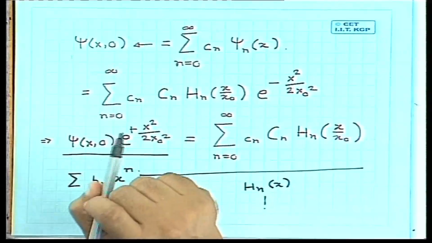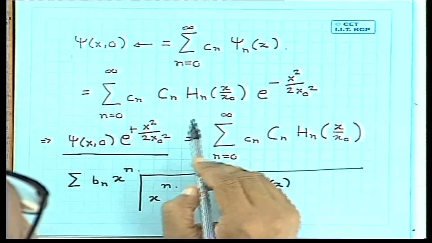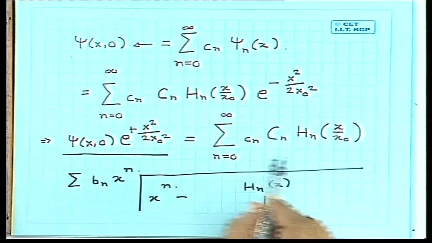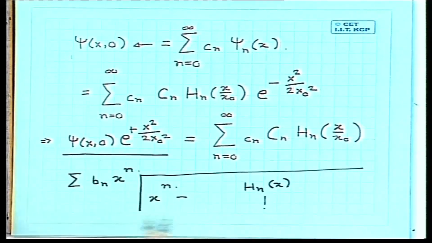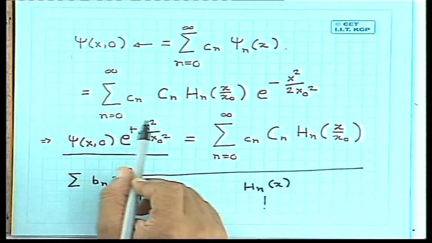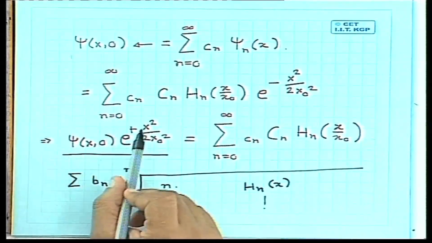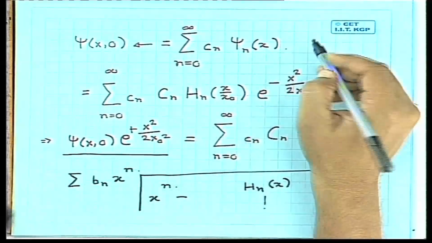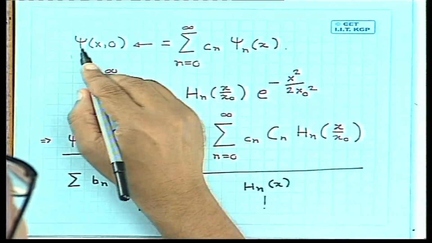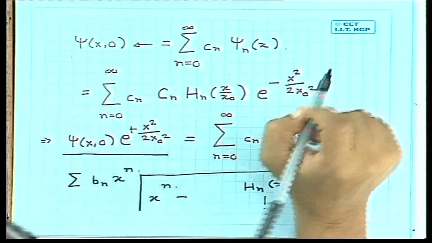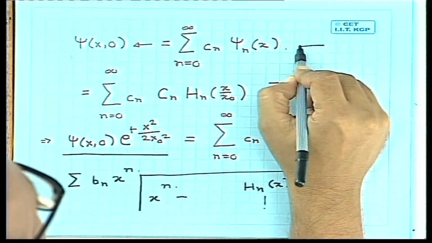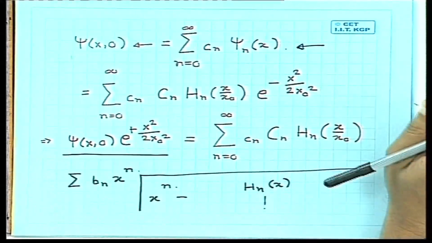So if this function can be expanded in a Taylor series, then I can express it as a sum of Hermite polynomials, and this is the kind of wave functions we are going to deal with here. All the wave functions we are going to deal with do satisfy this condition. So it is a valid assumption that we can express any wave function as a sum of the eigenfunctions in this case.